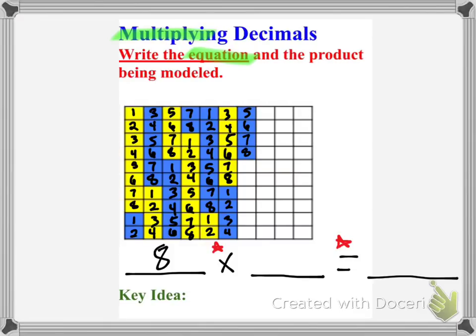But it's not 8 wholes, so you know that each little square represents one hundredth, because it takes 100 of those little squares to fill the whole. So the 8 has to be in the hundredths place. So yes, you have to put a 0 in the tenths place, and your decimal has to be in front of that 0. And it's good mathematical practice to put a 0 in the ones place when there are no wholes.